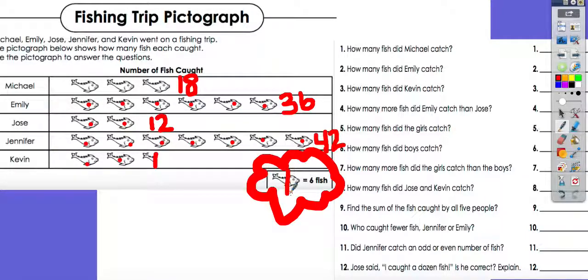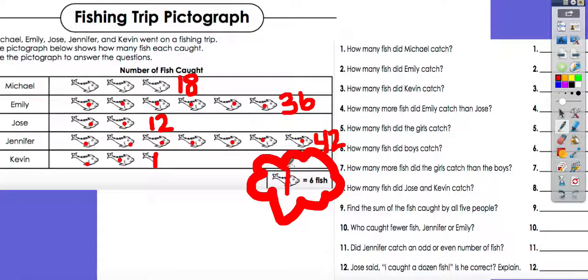Well, that's actually pretty smart because Kevin only caught half of what this fish is worth. One whole fish is worth 6. So what do you think half a fish is? If one whole fish is worth 6, then half a fish is worth half that. What is half of 6? 3.